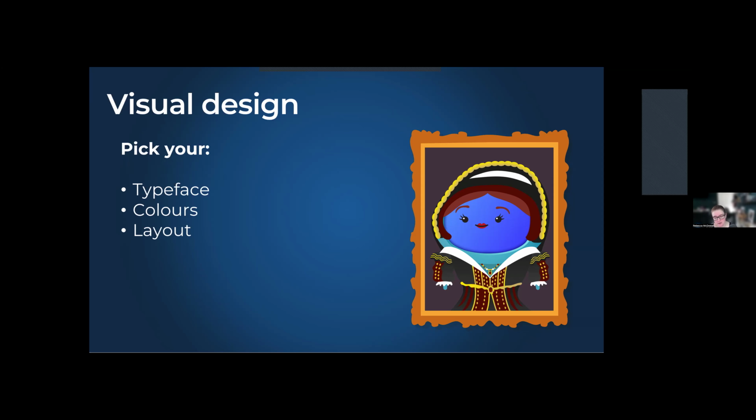Your colours, you might have brand guidelines to stick to, but think about how you use those, and make sure that there's sufficient contrast between text and backgrounds, and the images that you use, if they're not just decorative, make sure they also have a good contrast with the background. Your layout, group pieces of information or elements that are relevant to help people make those connections, but also lay things out in a logical way.